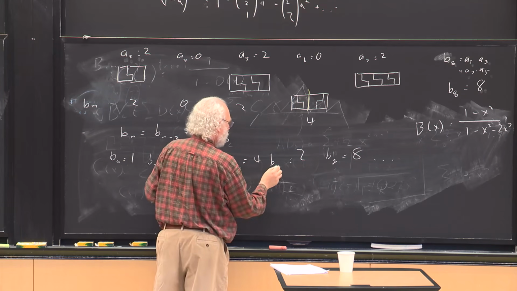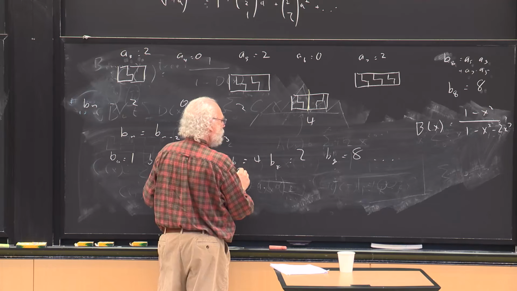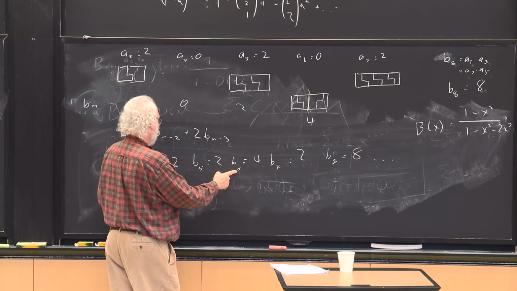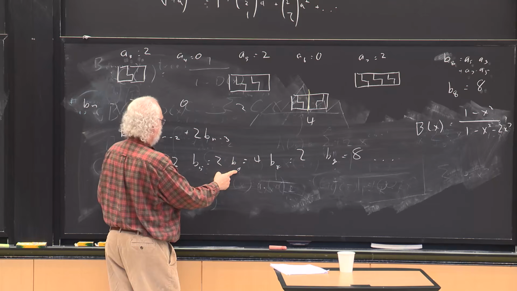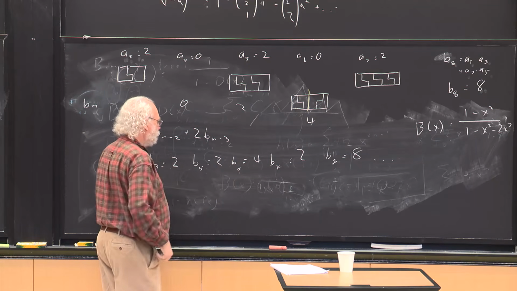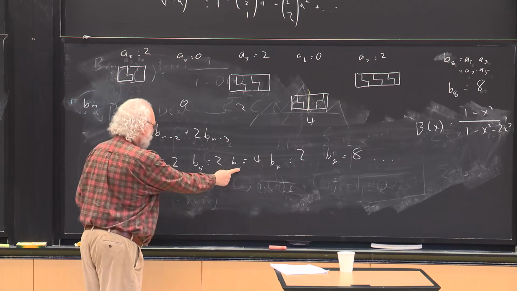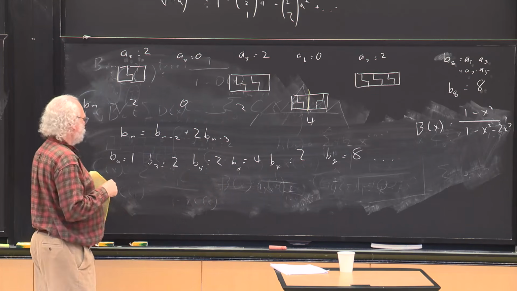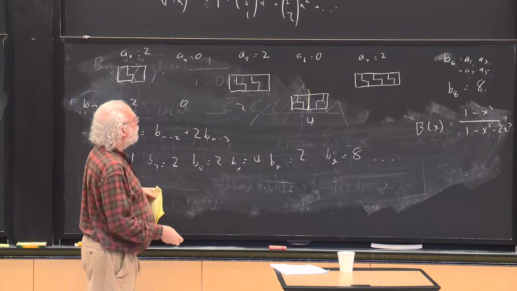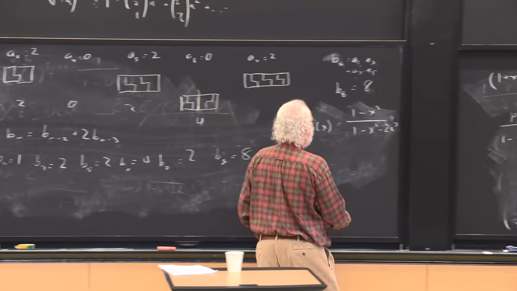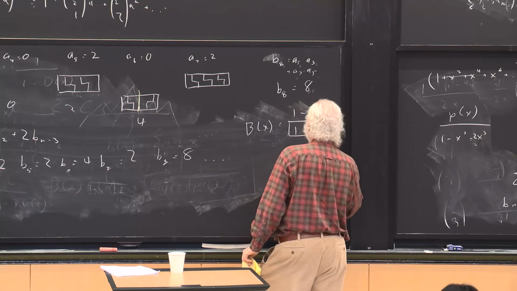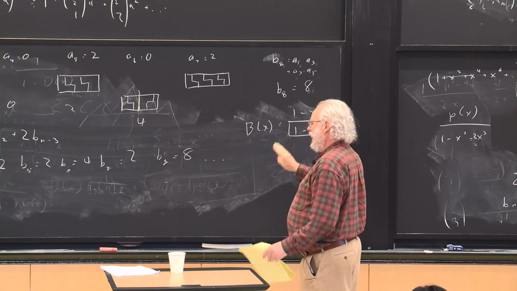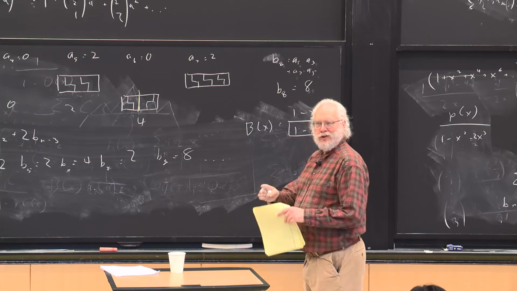B8 is b6 plus 2 b5, which is 8, etc. So you can just read off the recurrence from the bottom of the generating function, and the top numerator tells you what the initial conditions are.